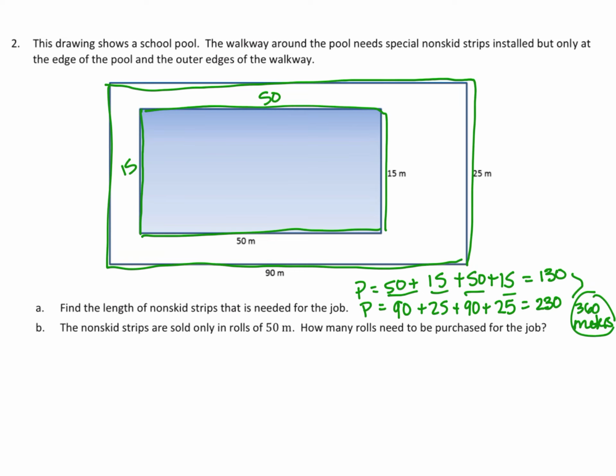For part A. B says the non-skid strips are sold in rolls of 50. How many rolls need to be purchased for the job? So we're going to split it into parts that are sized 50. So how many sets of 50 do we need?